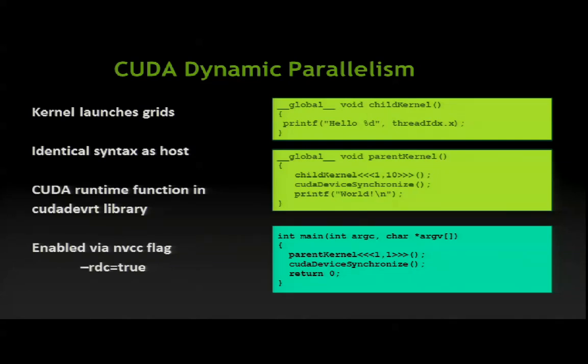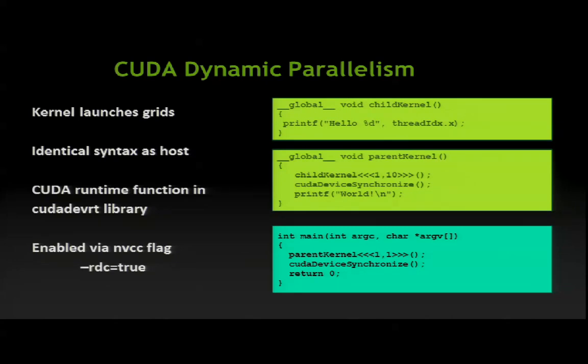The way to enable this dynamic parallelism is to set an additional NVCC flag, called RDC, which is relocatable device code, to true. And then you get all these features. Given that we're using printf here, we also need to link against the runtime library.